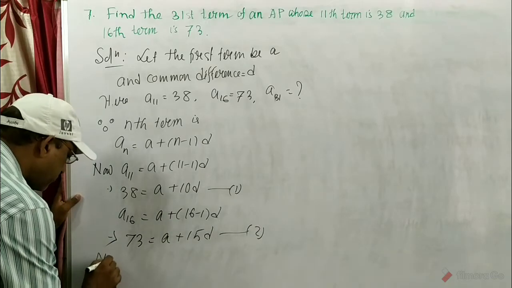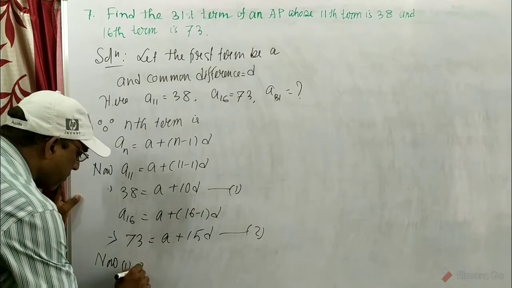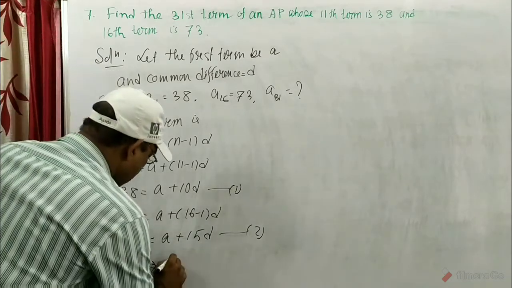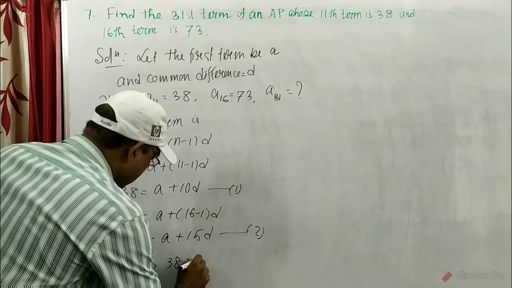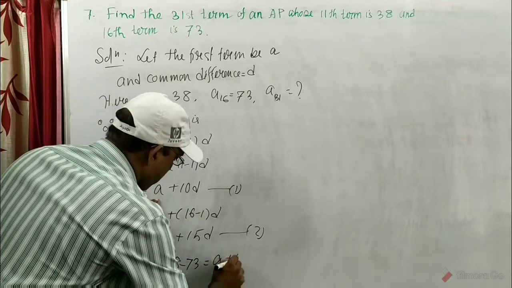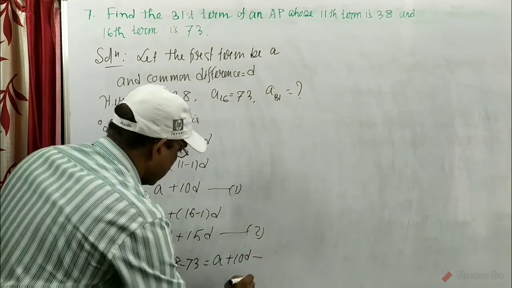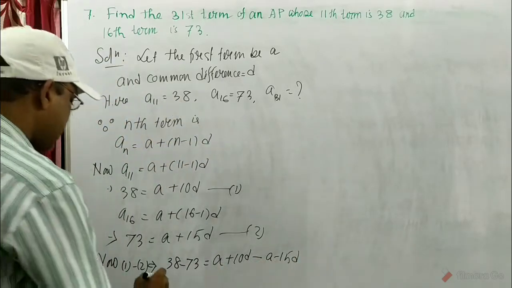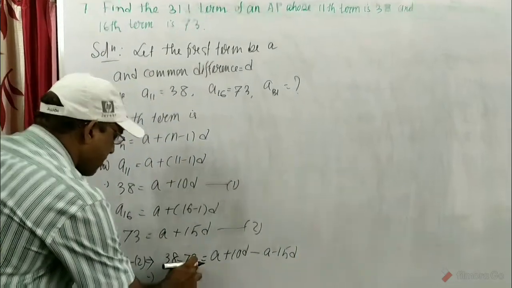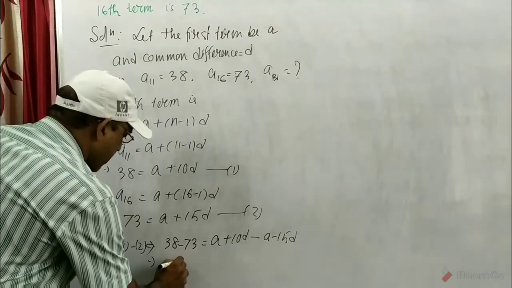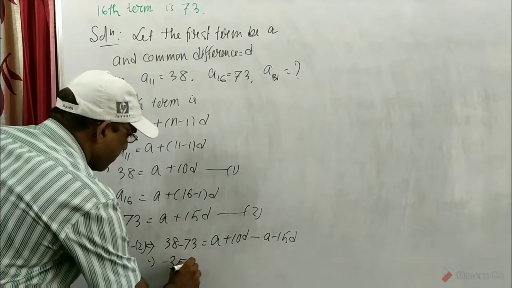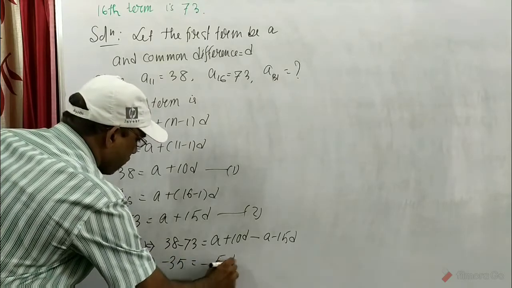Now 1 minus 2 implies 38 minus 73 equals a plus 10d minus a minus 15d. So this is minus 35 and minus 5d.